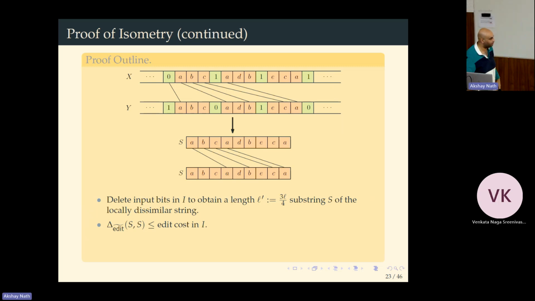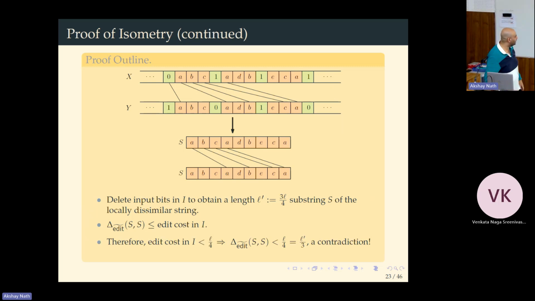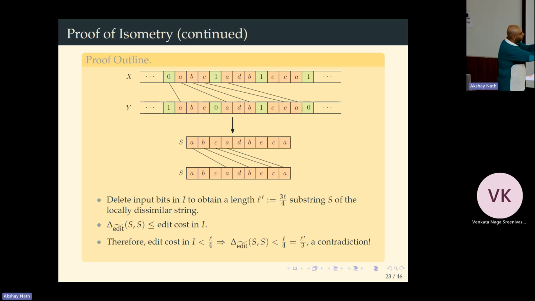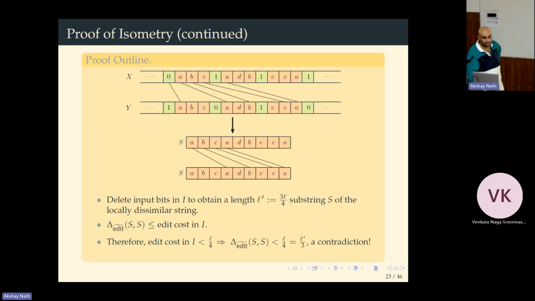So it's an upper bound, the edit cost in I. So we know that the edit cost between S and S is at most L over 4, which if you write it in terms of the length of these things, L prime, which is 3L over 4, it's L prime over 3. So you found a substring whose edit distance to itself is less than L prime over 3, which is contradicting the 1/3 locally dissimilar property. So that's it. That's a contradiction.